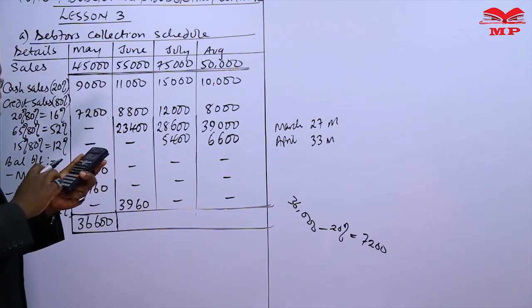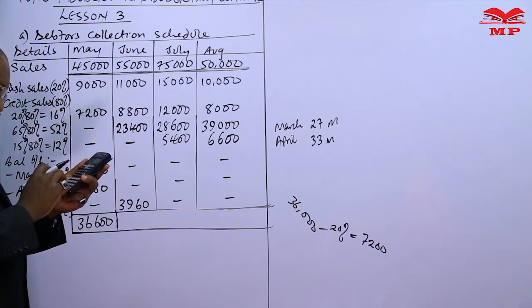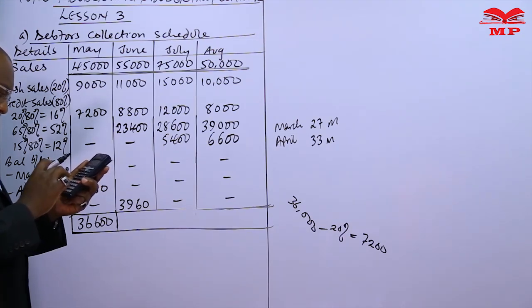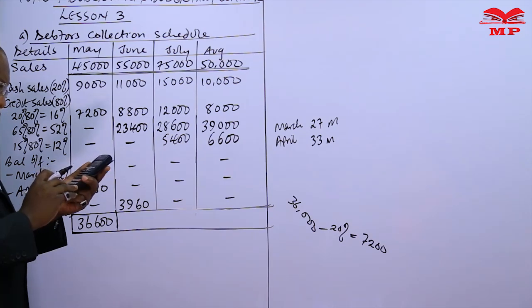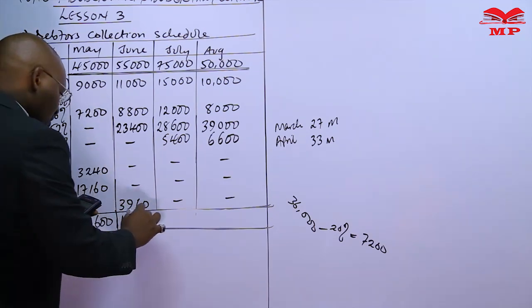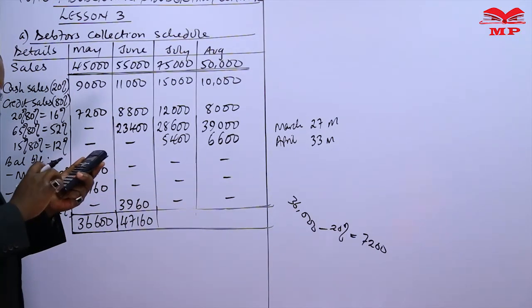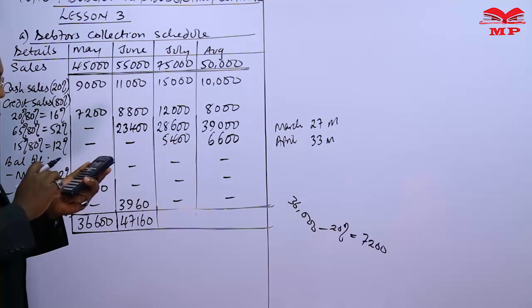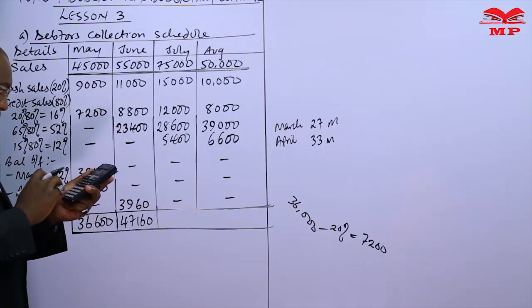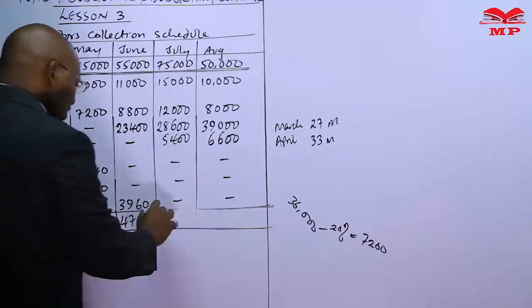Then June is 11,000 plus 8,800 plus 23,400 plus 3,960. This is 47,160. Then we have July is 15,000, 12,000 plus 28,600 plus 5,400, which is 61,000.